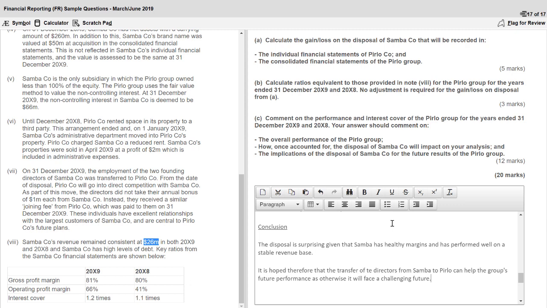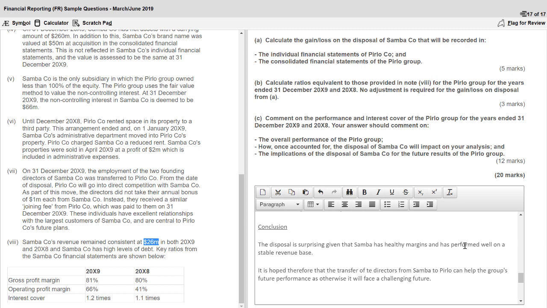Excellent. Is it enough to score 12 marks? I'd have thought so. I've got quite a few points within there. I think I've covered all the bases from the actual scenario. I've got the ratios right. I've got the gains and loss right. The key bit that you've got to do is make sure that you have the time available to do so. So think about your approach.